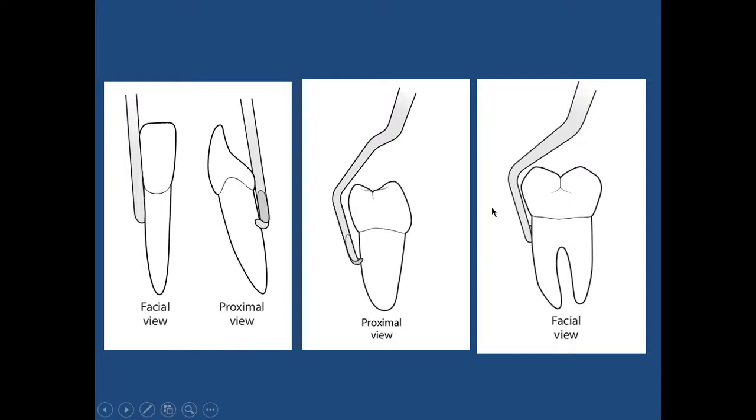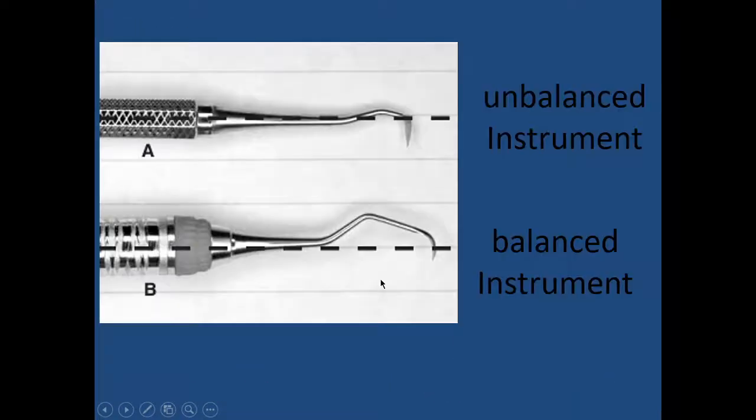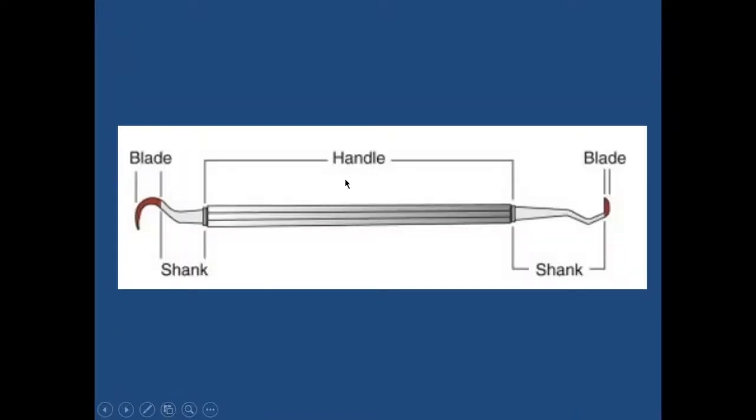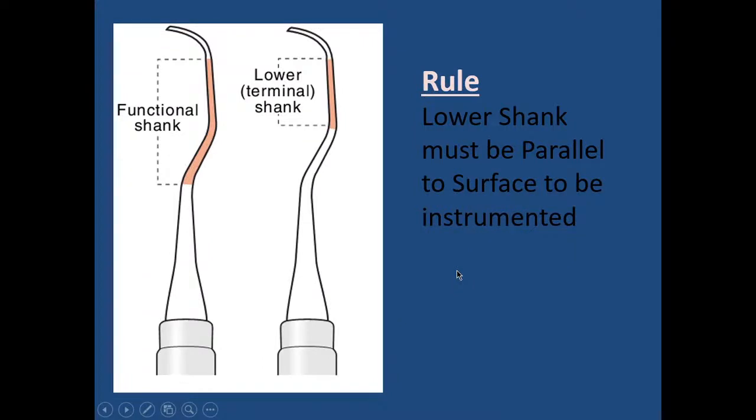But in the posterior teeth, the premolars and molars, we need a more complex shank to reach the surface or the long axis of the surface. And we have a rule. As we told you before, the instrument has a handle, a shank and a blade. The shank has two portions.